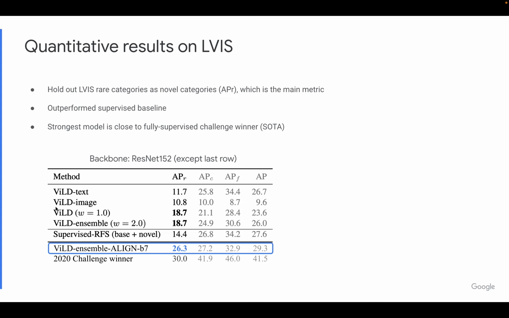Here we show the results on the ResNet-152 backbone. WILD outperforms the supervised baseline. And when using a stronger ALIGN model as a teacher model and a stronger EfficientNet-B7 backbone, the performance of WILD is even close to the fully supervised 2020 challenge winner.